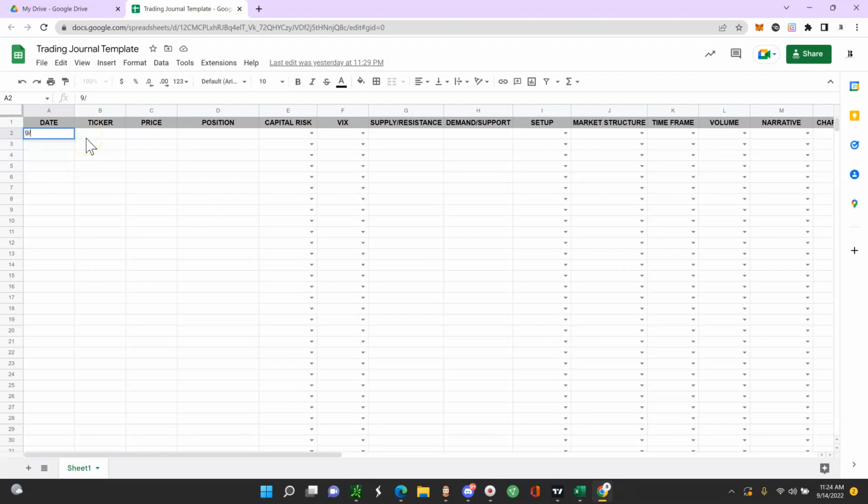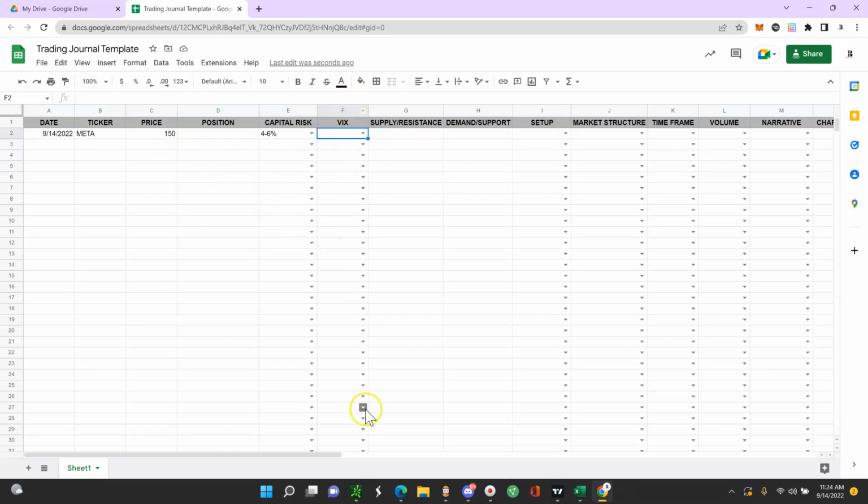So let's say today is the 14th, and I'm looking at Facebook, and let's say it's trading at 150, and then in here I just put whatever options position that I'm considering. And capital risk is basically how much of your capital you're putting up for this one position. So let's say I'm going to do 4 to 6% of my total capital for this position.